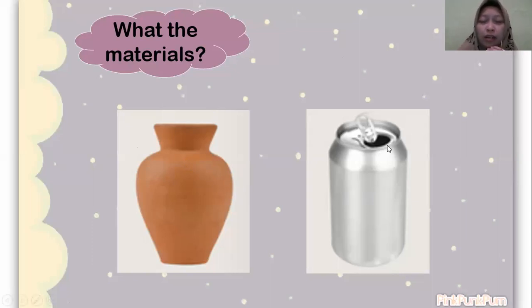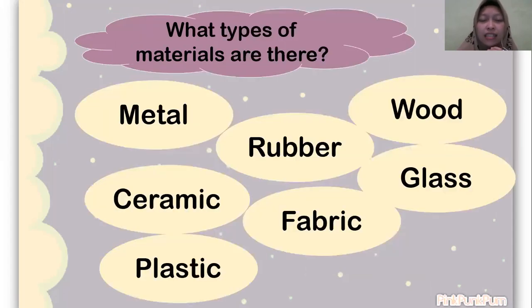Maybe you want to answer that the cans are made from plastic, or from metal. So the things in our life, the things that you have, consist of some materials.